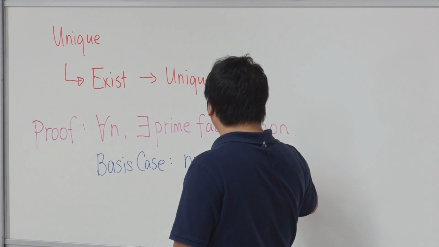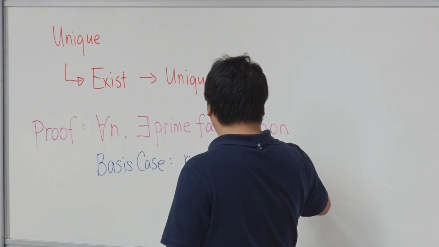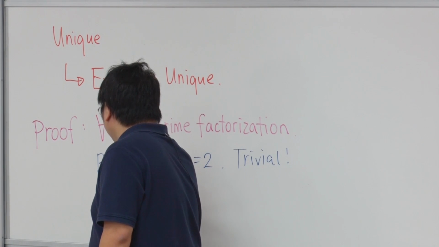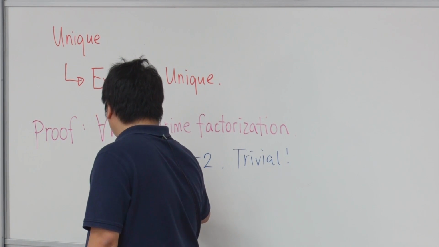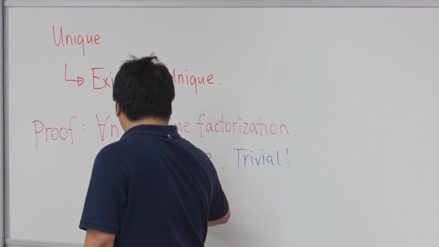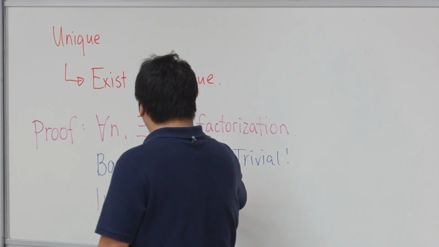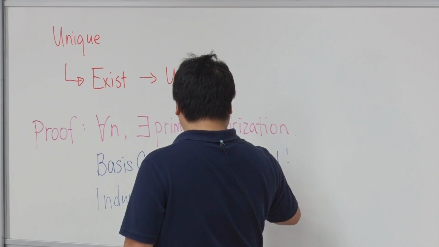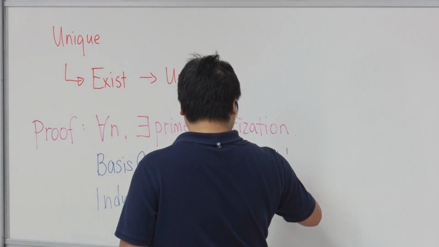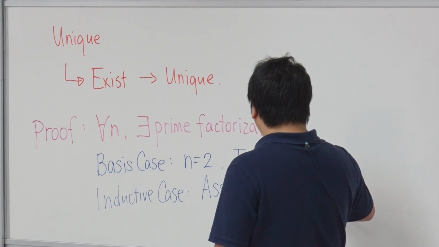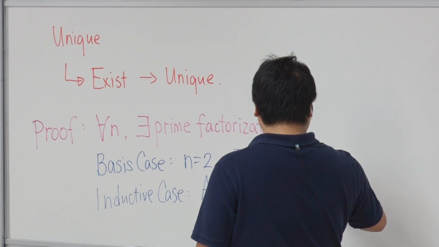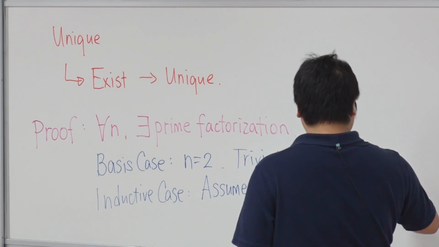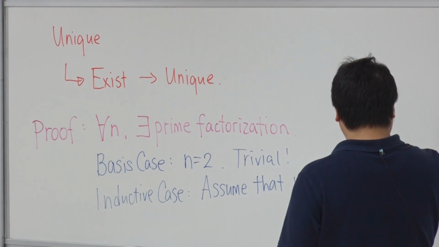So this is trivial. Okay? So for the inductive case, we are going to use strong induction. So we assume that for n equal to 2, 3, up to k, there exists a prime factorization.